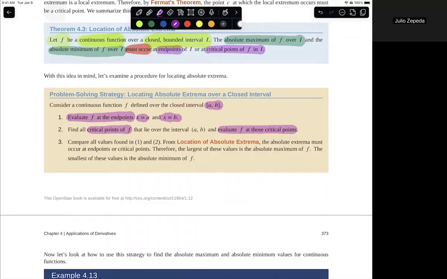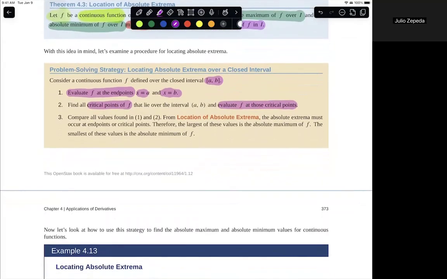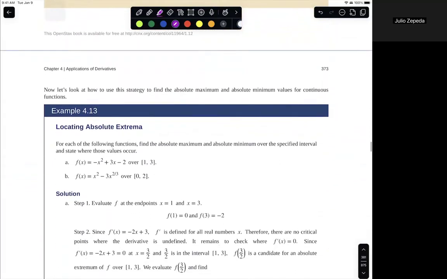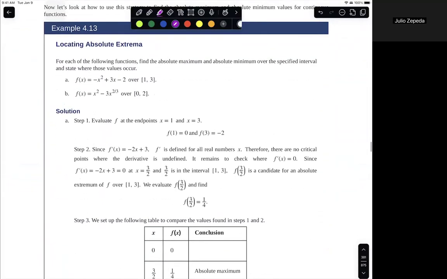One of those points from steps one and two will have to be the absolute maximum, and one will have to be the absolute minimum. Step three says compare all values found in steps one and two. The absolute extrema must occur at the endpoints or critical points. Therefore, the largest of these values is the absolute maximum of f, and the smallest is the absolute minimum.